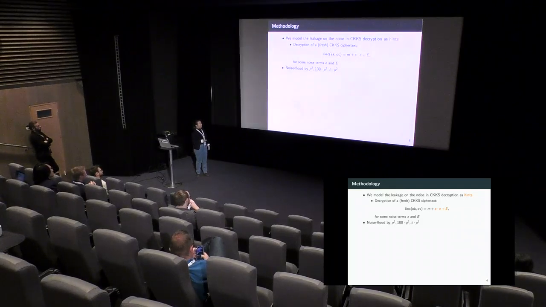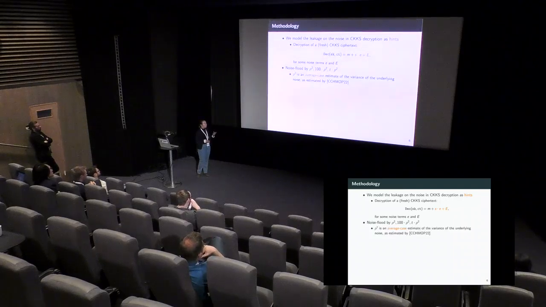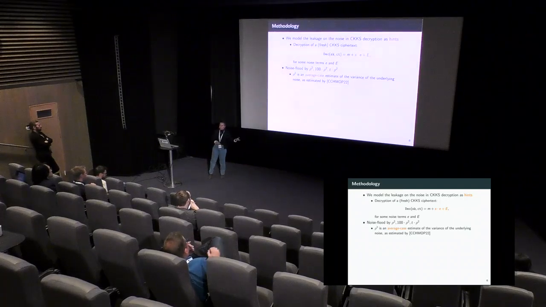What we're going to do is investigate noise flooding by rho squared, 100 times rho squared, and T times rho squared, where rho squared is an average case estimate of the variance of the underlying noise as estimated by this SAC 2022 paper, and T is the number of decryption queries. So we investigate noise flooding by rho squared, which is the noise that's already present, so sort of an optimal setting.